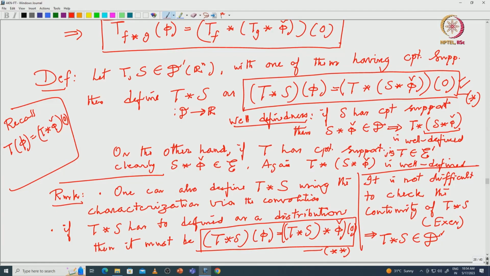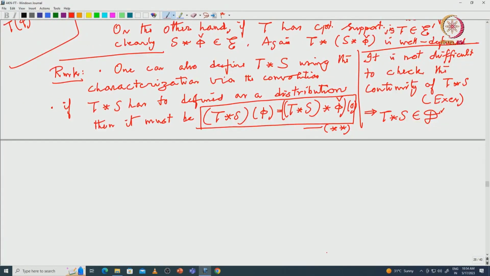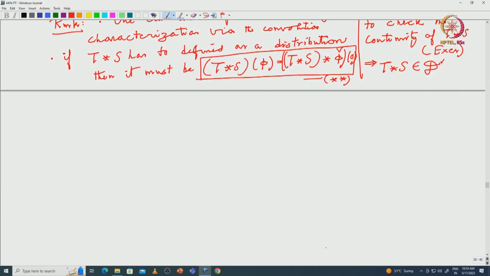And you will see that there are distributions, if I get time I will give you an example, for which you can define T star of S star as something else, may not be equal to that; the associative law may not be satisfied for arbitrary distributions.